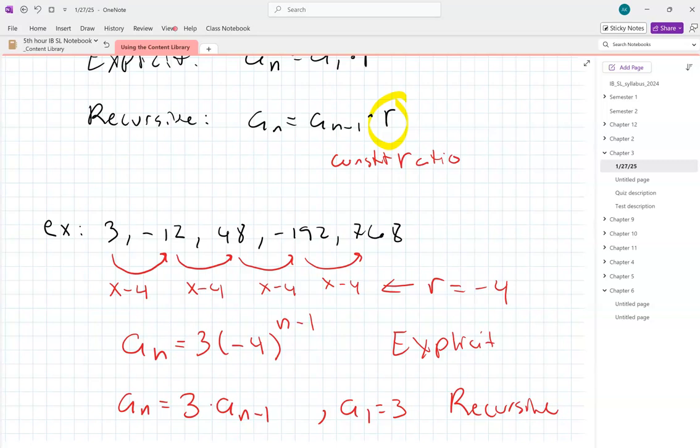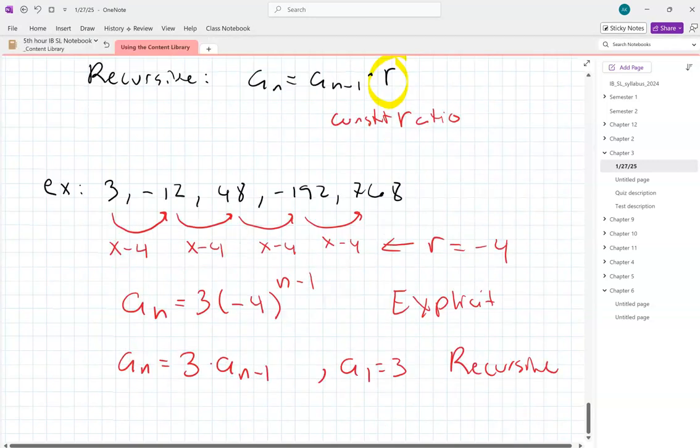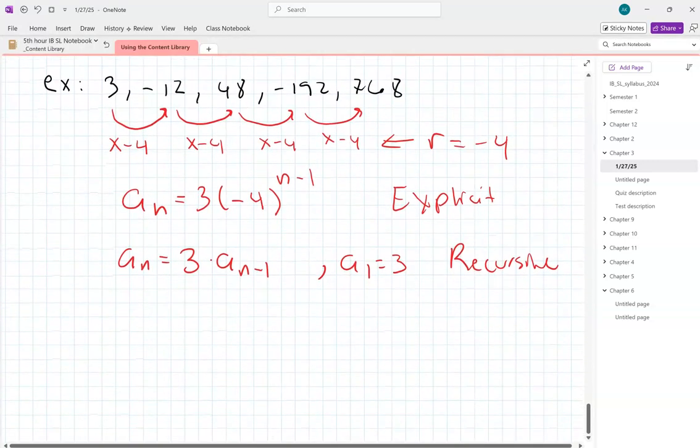That's my recursive. Does that feel okay there?